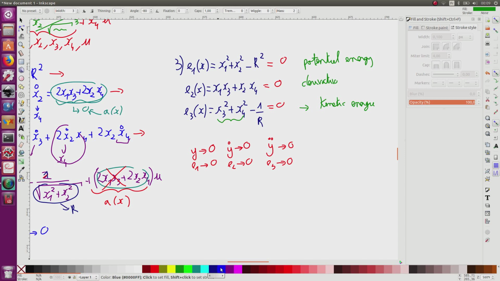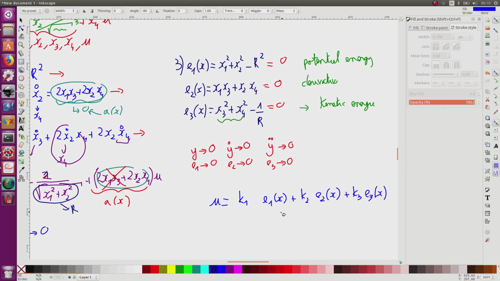Now, for the control, I will consider that U will be a linear composition of the 3 of them. So E1 of x plus something, so let's say k1 E1 of x plus k2 E2 of x plus k3 E3 of x.